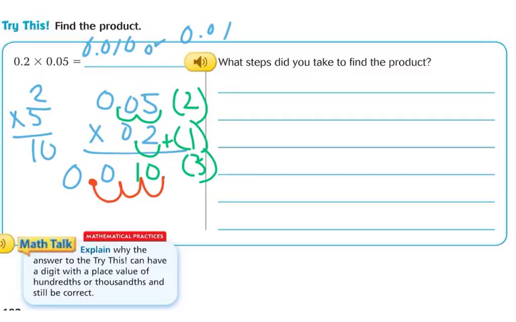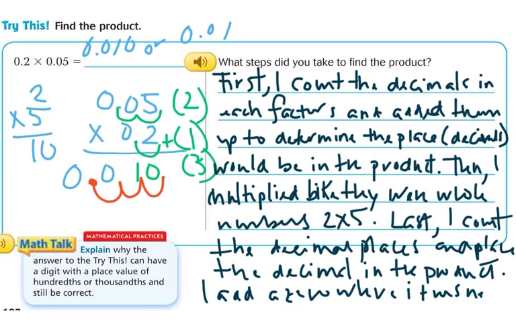So boys and girls, on the side it says, what steps did you take to find the product? So what we're going to do is we're going to write out step by step what we did. So boys and girls, I'm going to read through our explanation, and feel free to pause it if you need to. It says, first I counted the decimal places in each factor and added them to determine the decimal places that would be in the product.